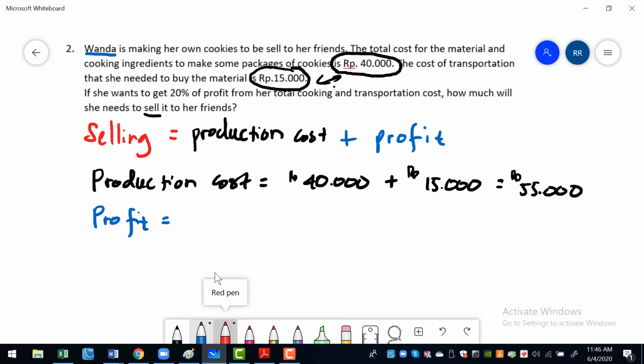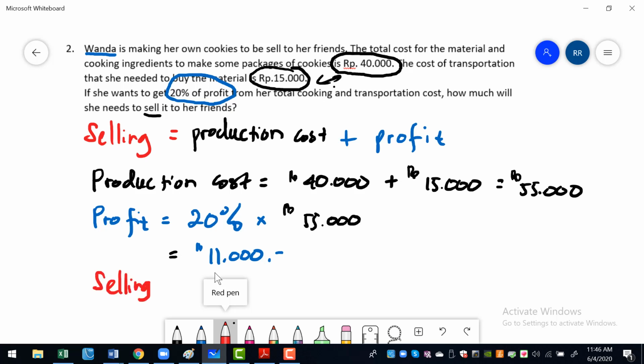Because she wanted to get 20% of profit, the profit will be 20% times the production cost, which is 55,000 rupiah. Okay, you can use your calculator to calculate this. The 20% of 55,000 is equal to 11,000 rupiah. So I'm going to write down here 11,000 rupiah.